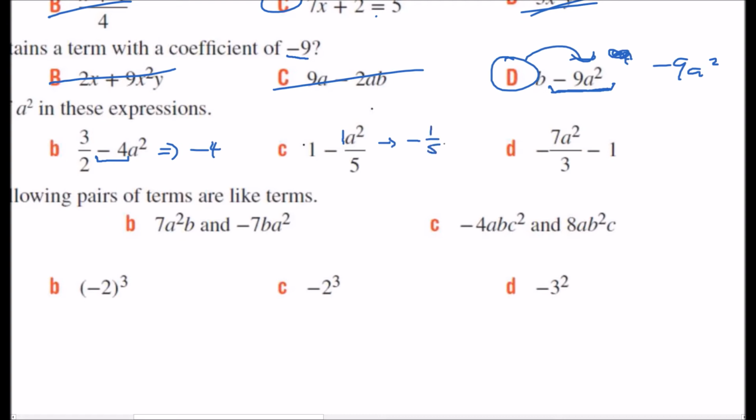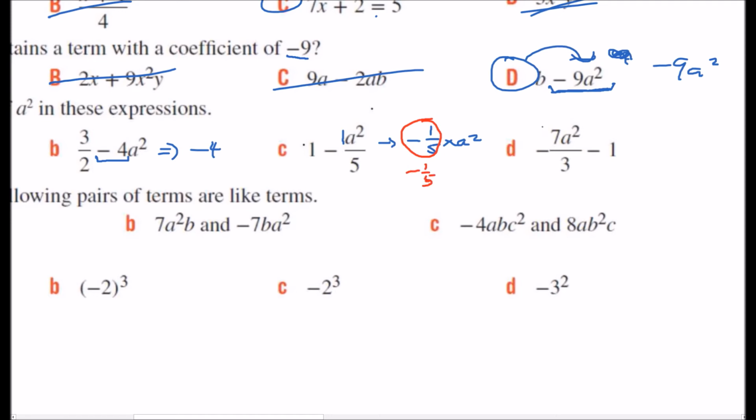-1 over 5 times a squared. So the number in front of a squared is actually -1 over 5. So this here is the coefficient of a squared, -1 over 5.